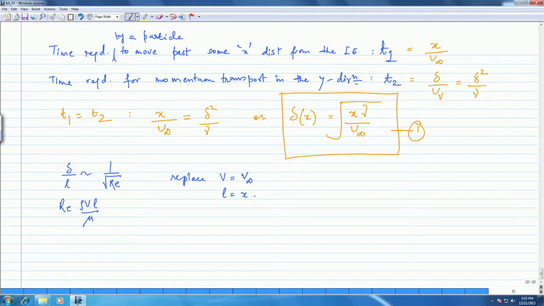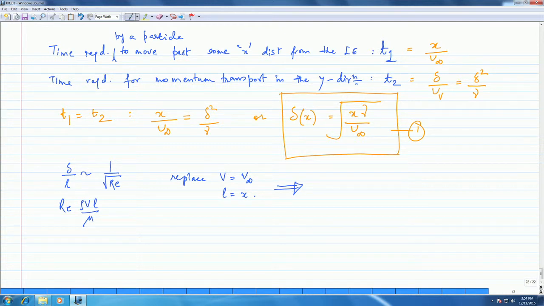I would like you to do this yourself, just cross check and see. This is something that we had pulled up earlier, and we got this from another point of view, another way of looking at this boundary layer. So tell yourself what this will come about. This is something that you had looked at earlier. Fine.